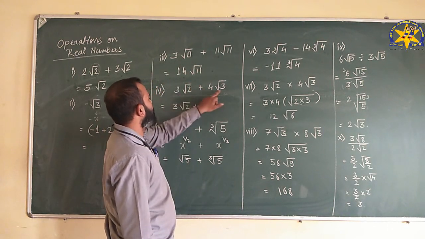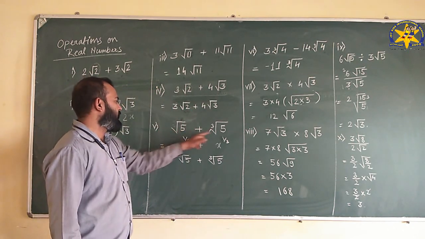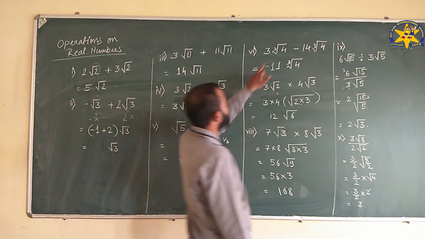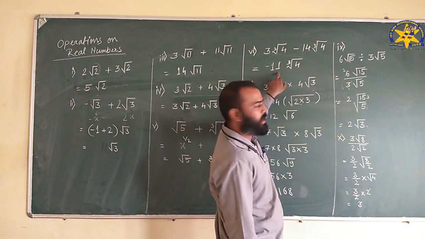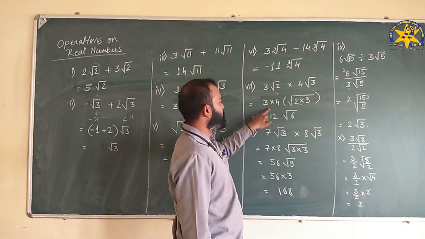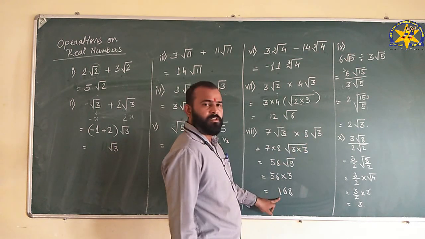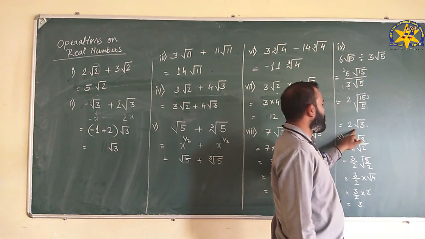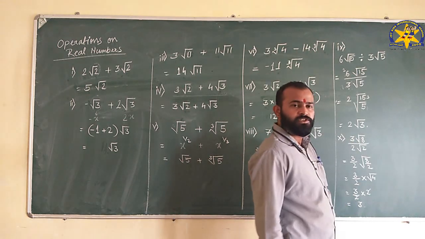Subtraction of two irrationals, again answer is irrational. Multiplication of two irrationals, again answer is irrational. Multiplication of two irrationals, here answer is rational. Division of two irrationals, answer is irrational. Division of two irrationals, answer is rational.